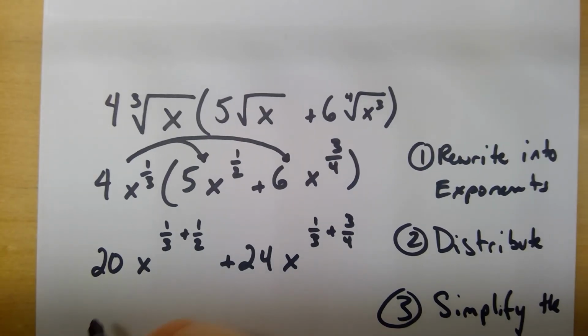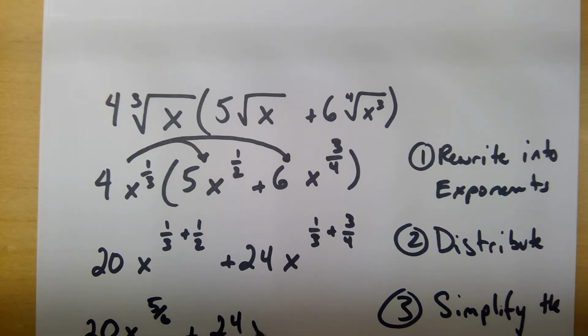Okay, so that's going to give us 20x to the 5 over 6 plus 24x to the 13 over 12.